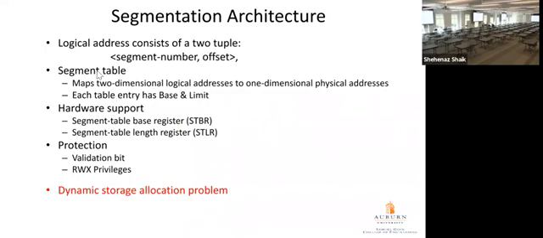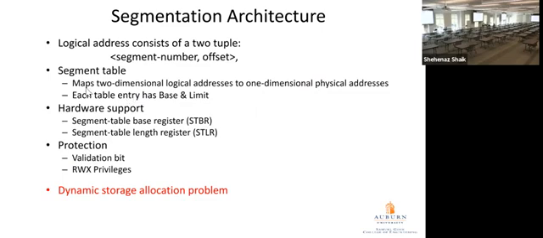So segment table is the one which will help us in translating these logical addresses, which are represented in the form of segment number plus offset, to a one-dimensional physical address, or a specific physical address.